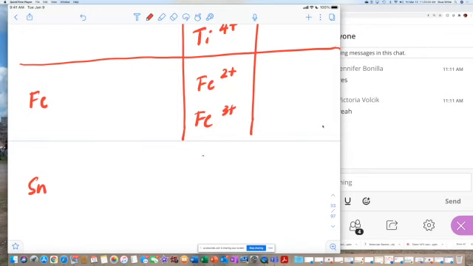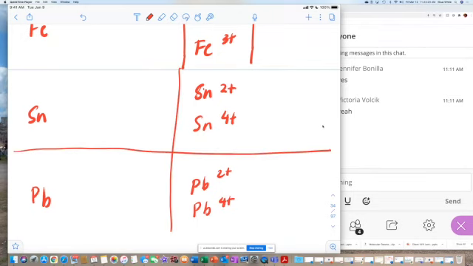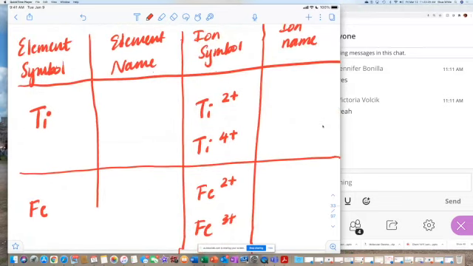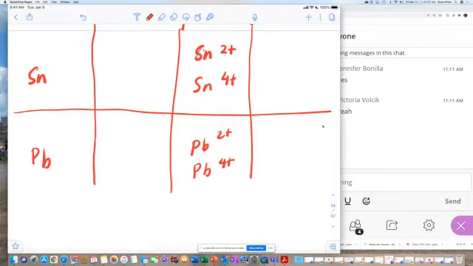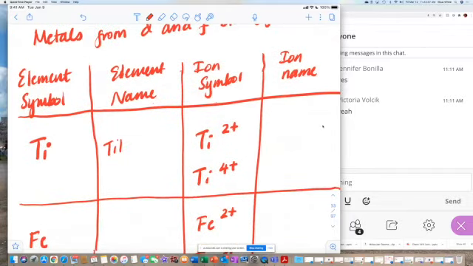Tin, I'll do 2 plus here, tin 4 plus, and I'll do lead, and then lead 2 plus, and lead 4 plus. And I think you get the idea, right? Going through here, the same symbol from the element can produce various charges. Okay, so this one here is, of course, titanium.